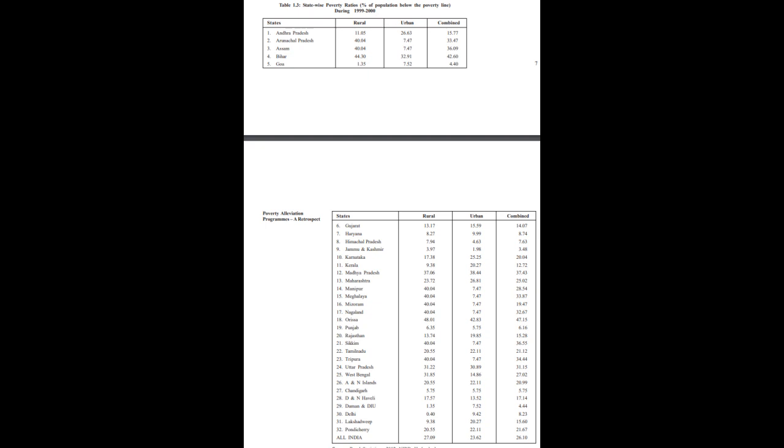Some of the reasons for not achieving the desired impact of these programs are as follows. 1. Implementation of the programs was not effective. 2. Lack of area-specific and integrated planning, which was essential to sustain the benefits of the poverty alleviation programs. 3. Most of the income-generating schemes provided to the poor families did not match their capability and hence the beneficiaries were not able to sustain them. 4.